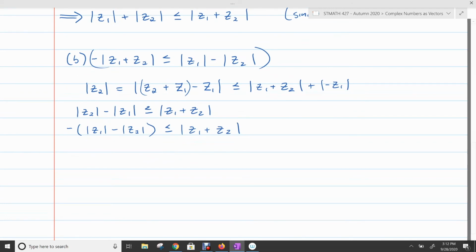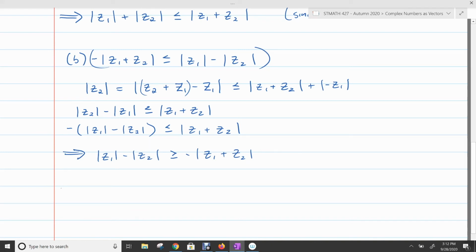And then you may remember whenever you have an inequality and you multiply both sides by a negative, it reverses the inequality. So from here, we end up with modulus z1 minus z2 is greater than or equal to negative modulus z1 plus z2, which is what we wanted to show, just written in the opposite order.